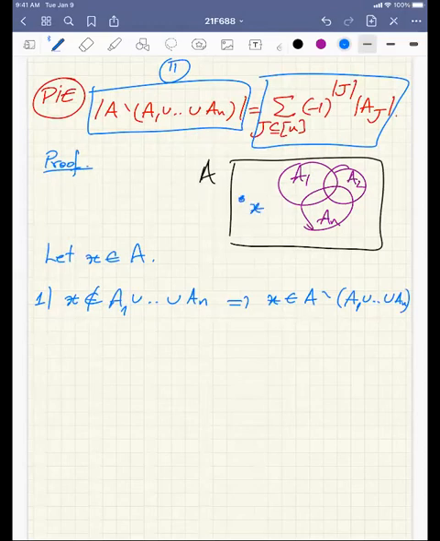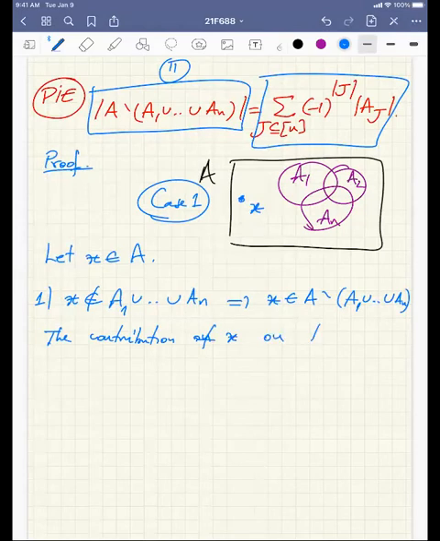That's case 1. So in that case, the contribution of X on the left-hand side is clearly 1, because the left-hand side is exactly this set here.